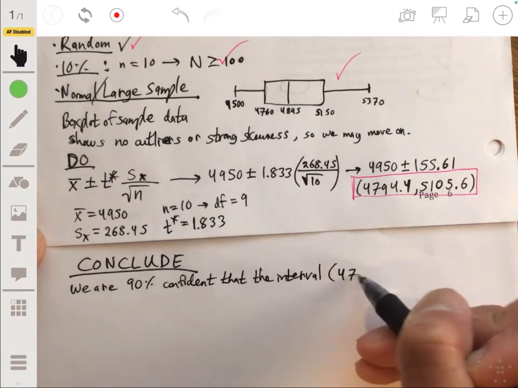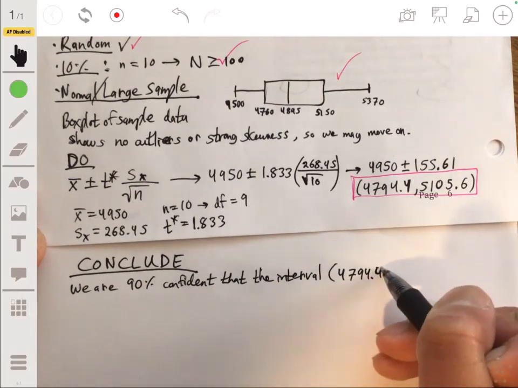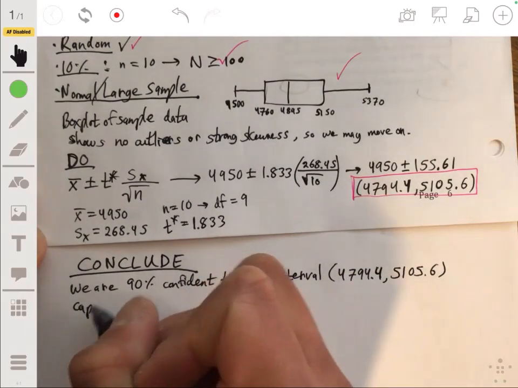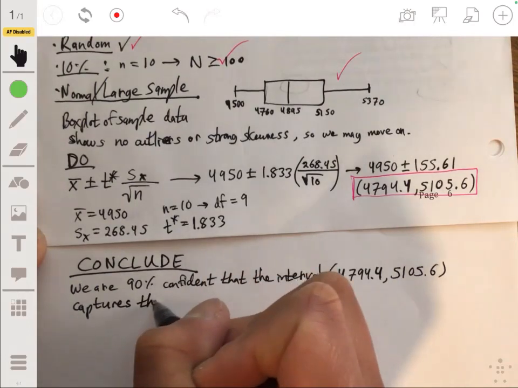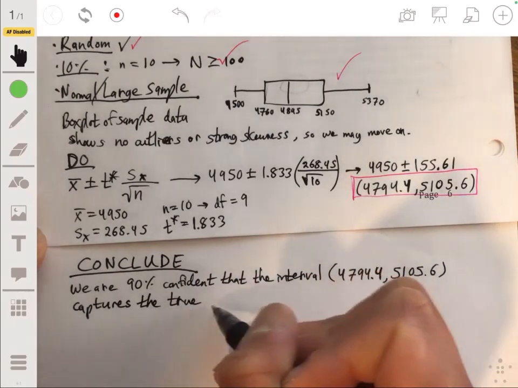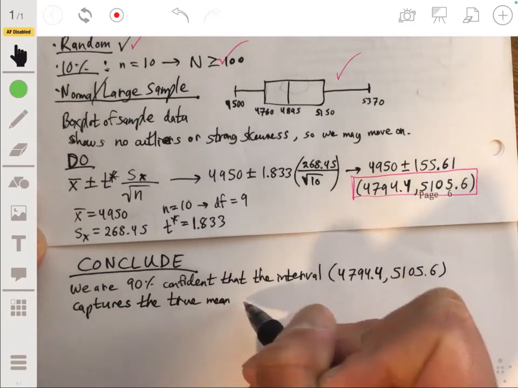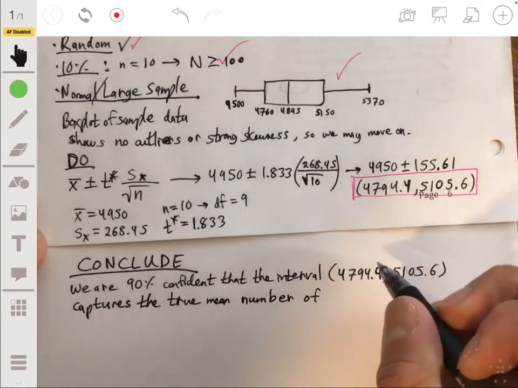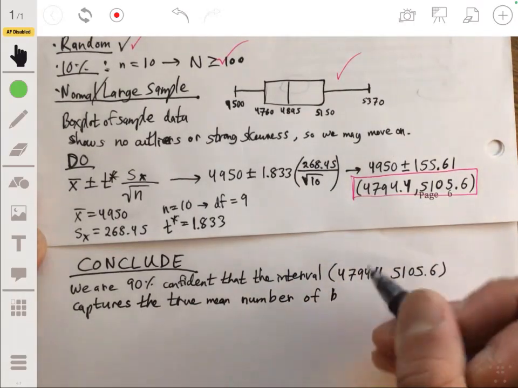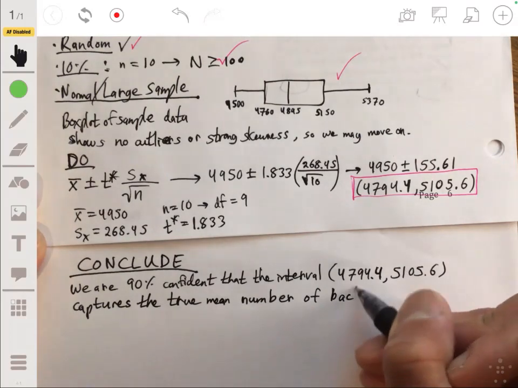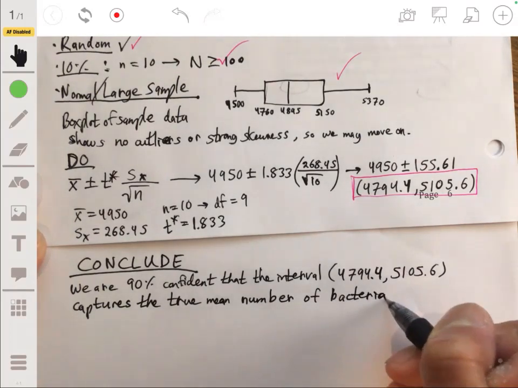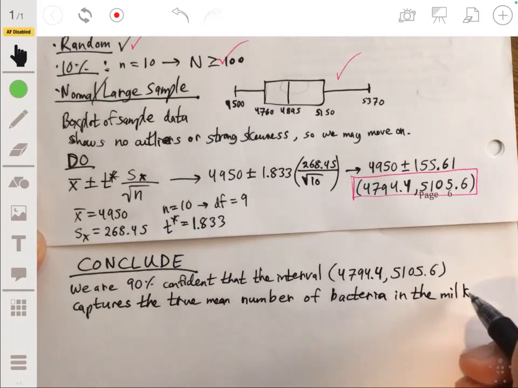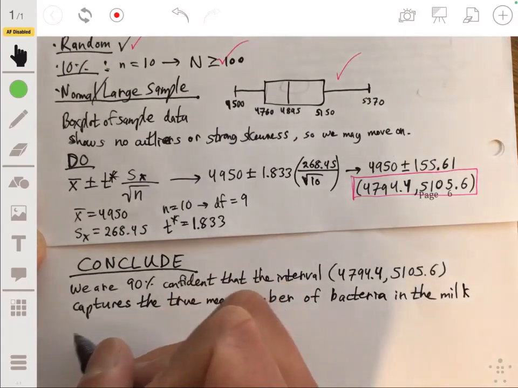That's the interval 4794.4 to 5105.6 in the milk received at this factory.